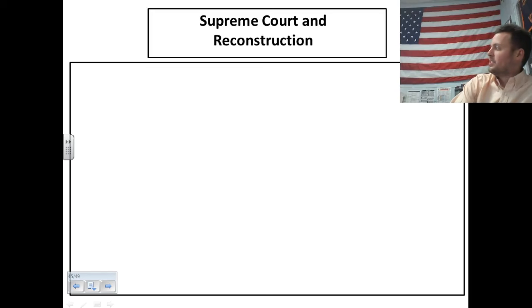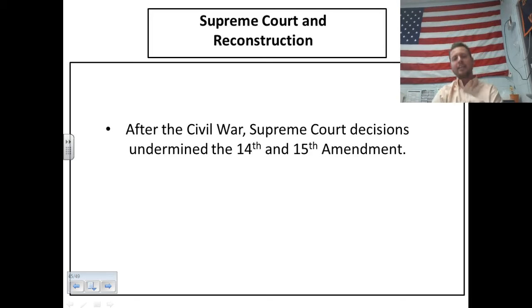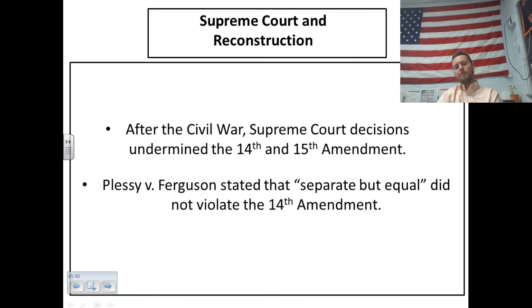Next card, please put Supreme Court and Reconstruction. All right, so you got all these African Americans in the South. They get the 14th Amendment, the 15th Amendment. Does the Supreme Court back them up? No! After the Civil War, Supreme Court decisions undermined the 14th and 15th Amendments. Undermined them, right? Meaning did not back them up. An example of this was Plessy versus Ferguson.